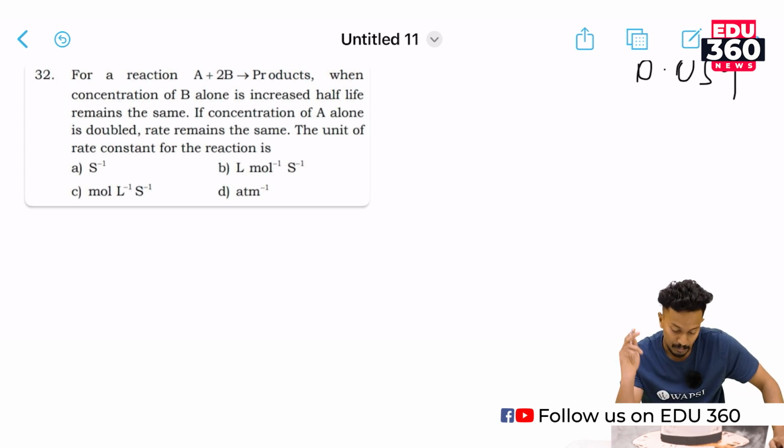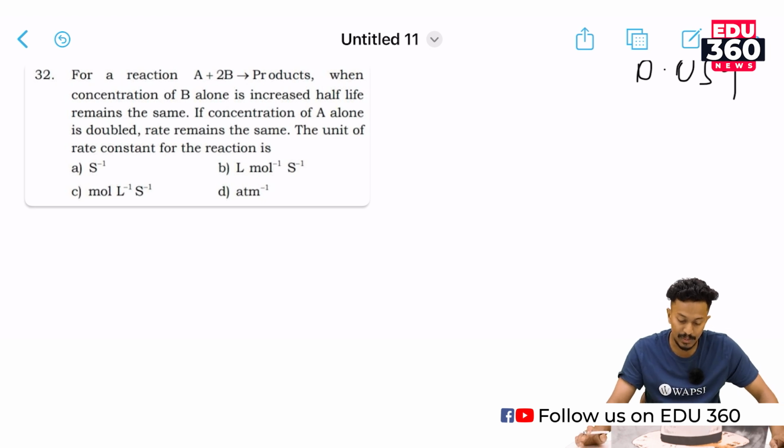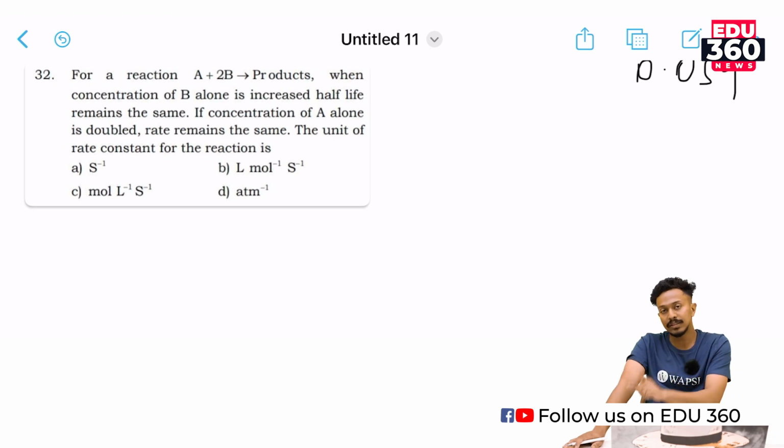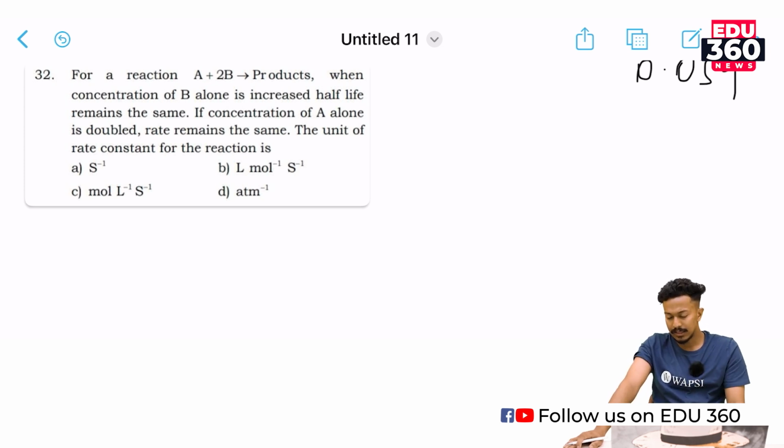When the concentration of B alone is increased, the half-life remains the same, so the half-life is independent of the concentration. Only a first order reaction has a half-life independent of concentration.